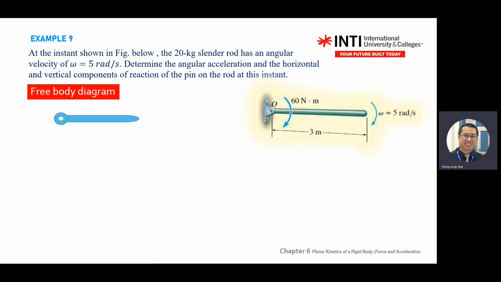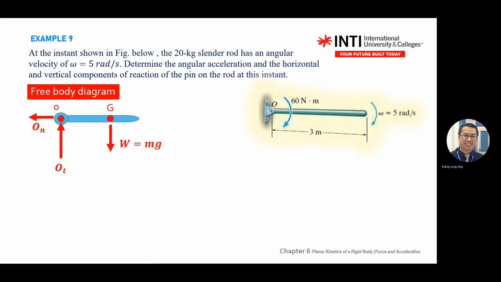Back to the free body diagram. You put in the forces; nothing complex here. At O, you have tangent and normal, or X and Y. But in this case, because it's moving in circular motion, you put normal and tangent. Putting X and Y is also correct.